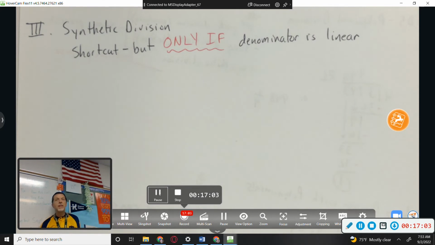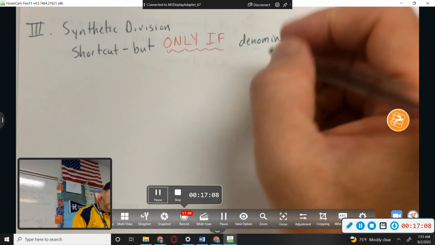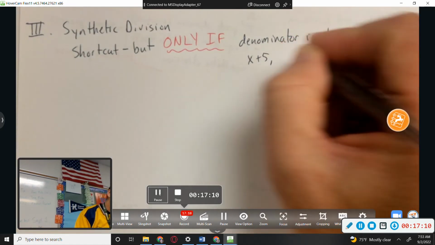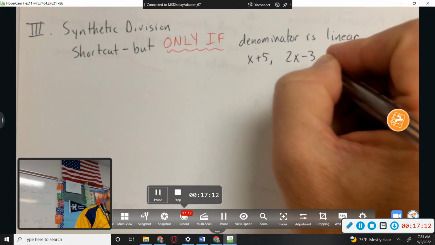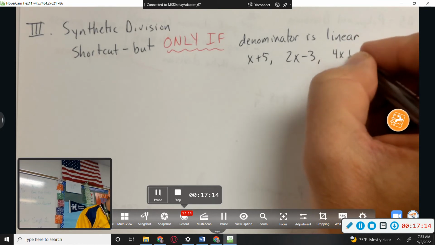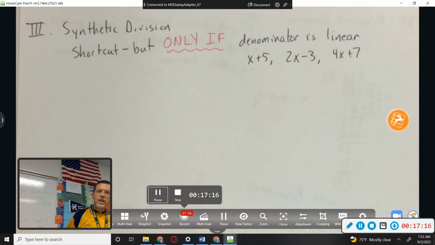Denominator is linear, meaning not x squared or x cubed or x to the 4th. So if the denominator is x plus 5 or 2x minus 3 or 4x plus 7, then great, you can use synthetic. If it's x squared or x cubed, then synthetic doesn't work.